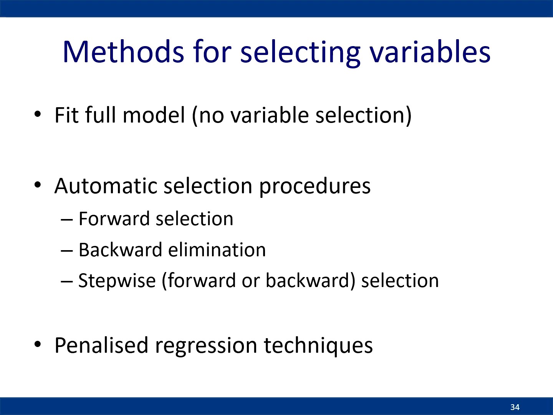So we want other methods for selecting our variables. So one option is to fit the full model, so we don't perform any variable selection. We simply fit a model with all our candidate predictors. And then other options include automatic selection procedures.